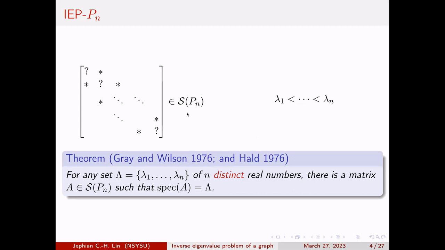And in the other direction, whenever you take a matrix from here, all the eigenvalues must be distinct. And interestingly, these two papers were both published in LAA, which is one of our favorite journals, right? But back in '76, they independently published something quite similar.